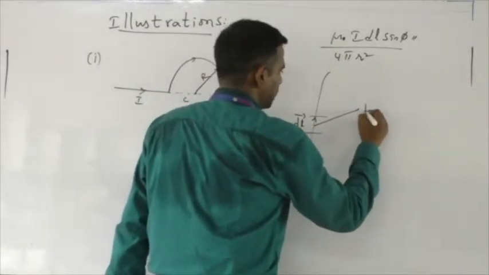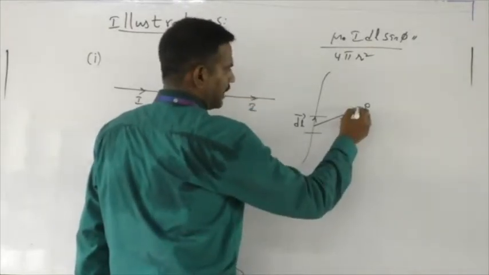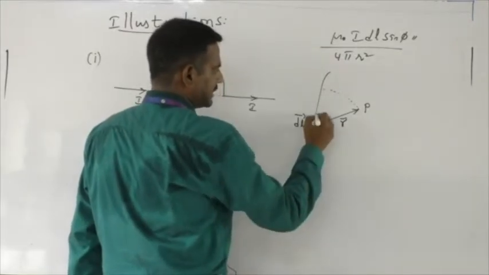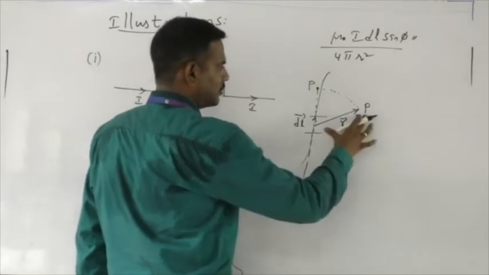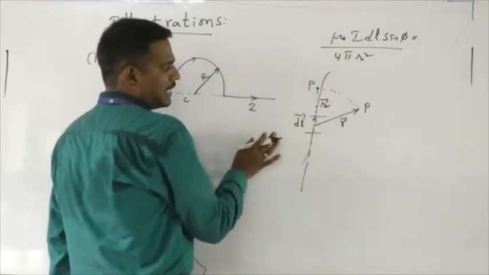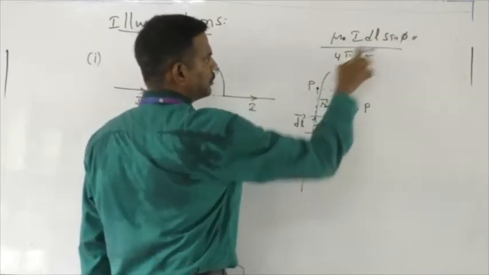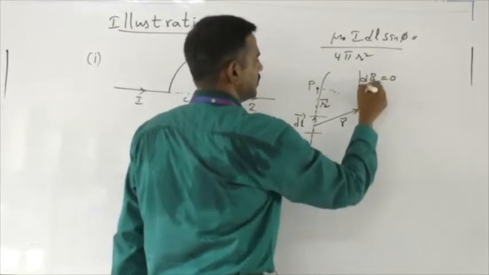This is the point P and its position vector is r bar. Now let me take this point P onto the extended line of this conductor, somewhere like this. I have shifted the point P to here, of course at the same position vector r bar. But in this case, the angle between dl bar and r bar is 0 degrees, and if we substitute back, sin 0 is 0. So the magnetic field intensity is going to be 0.